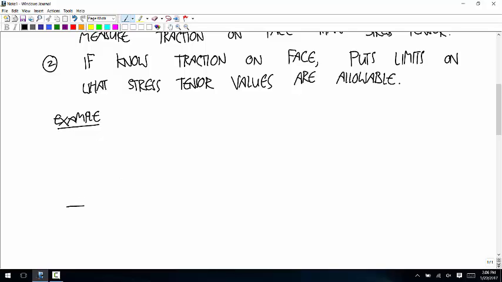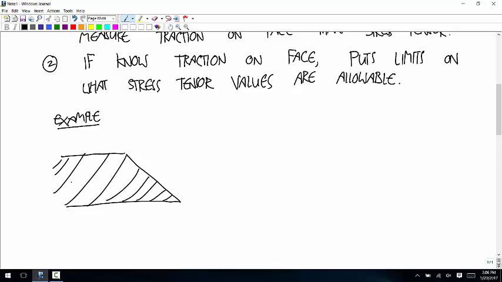First, let's say that we have a material like this. I think I drew this one at the end of class last time. So let's say this is the object viewed from the side, and we'll use a coordinate system like this. This angle is 45 degrees.